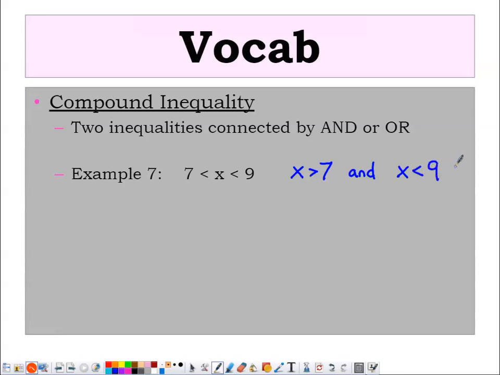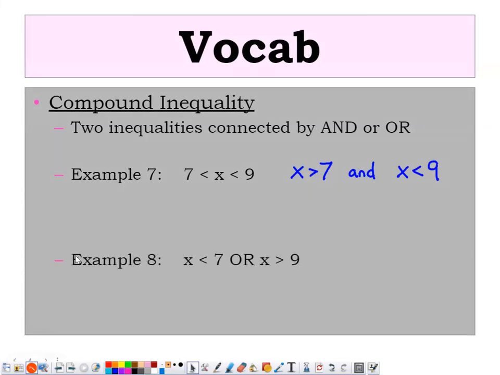Both of these are equivalent statements, right? Because x, in this case, has to be bigger than 7, but it has to be less than 9. Same thing here. So that is an and statement.